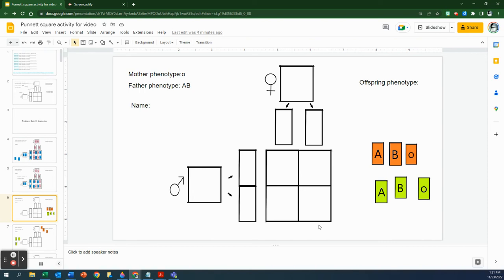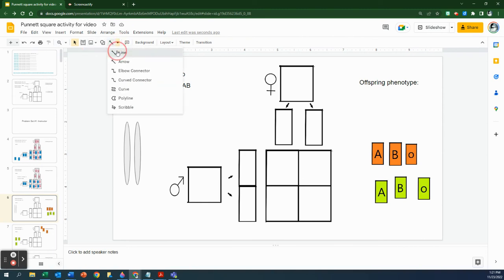Sometimes you have more than two options, because if you have a chromosome like so, and a diploid organism starts out with two chromosomes, then all of the A's, O's, big B's, whatever they are, those are going to be at a locus, right?